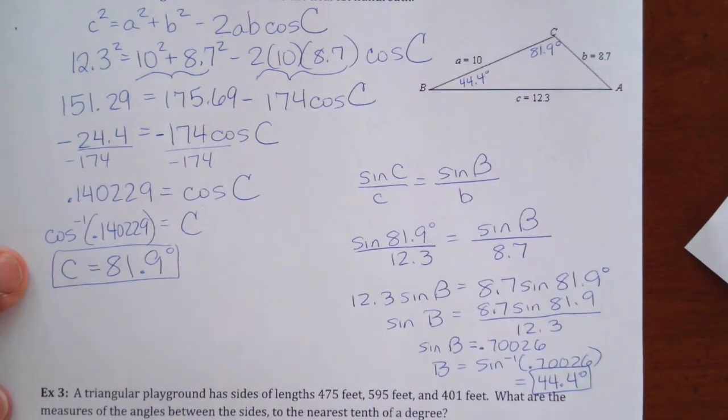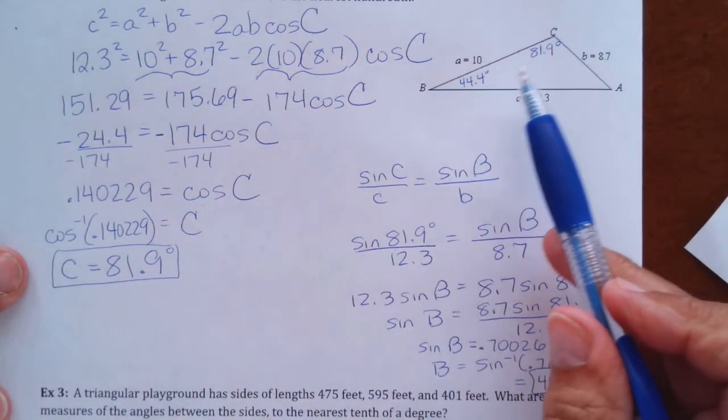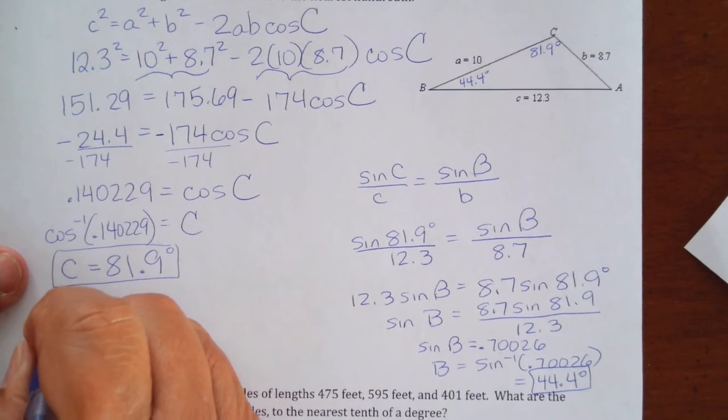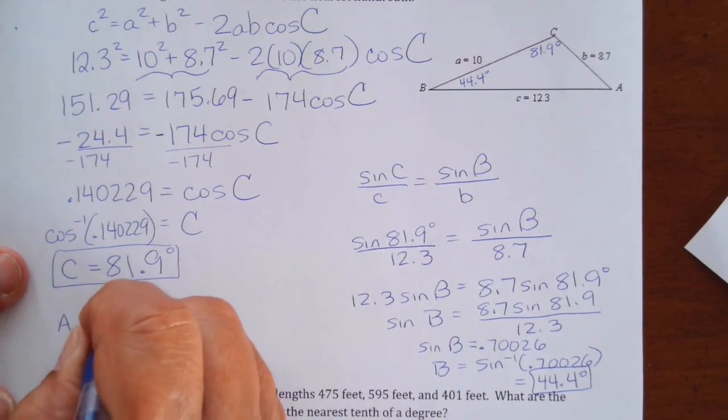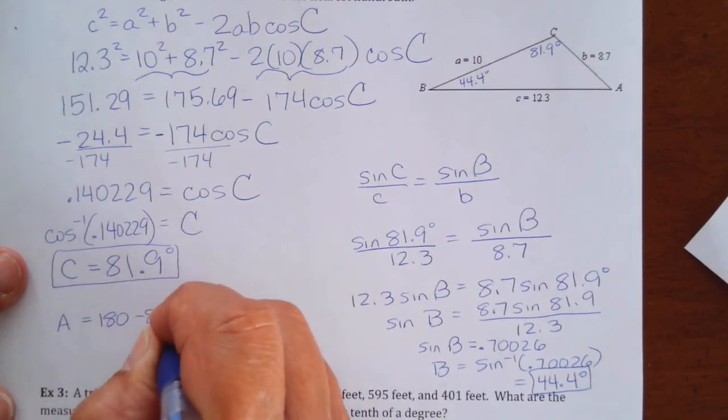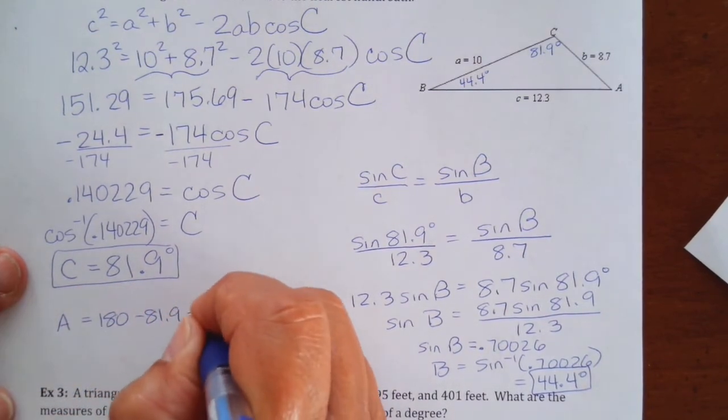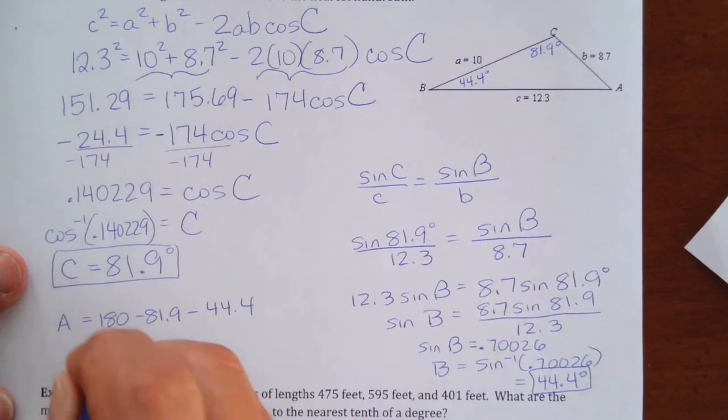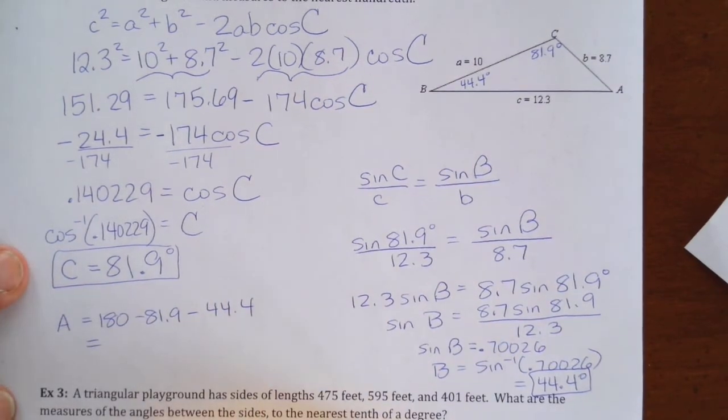And then to find your missing angle, these two subtracted from 180. So angle A is 180 minus 81.9 minus 44.4. So that will give you 180 minus 81.9 minus 44.4. 53.7.